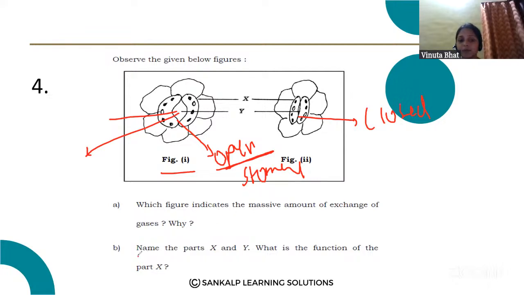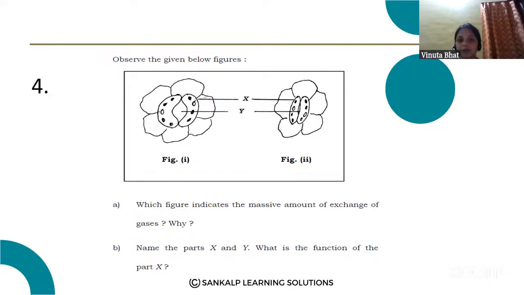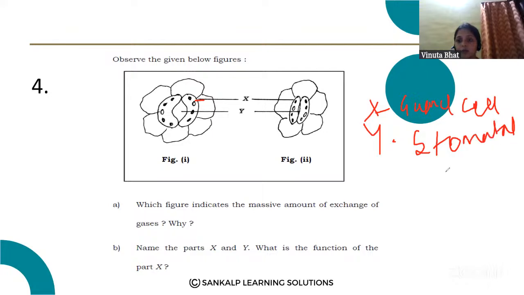Next B, name the X and Y. What is X here? X is the guard cell, which is in a bean shape, and Y is the stomatal pore.